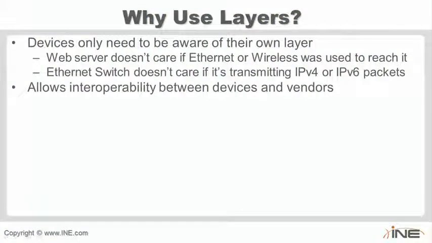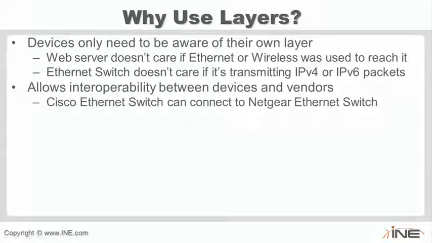But also, like I mentioned, it's going to allow us to have interoperability between the vendors. So if I have a Cisco Ethernet switch and it's talking to a Netgear switch, there's not going to be any problem with that, because they're both agreeing on what the standard that Ethernet is defined as at layer 2. The same thing is going to be with routers.